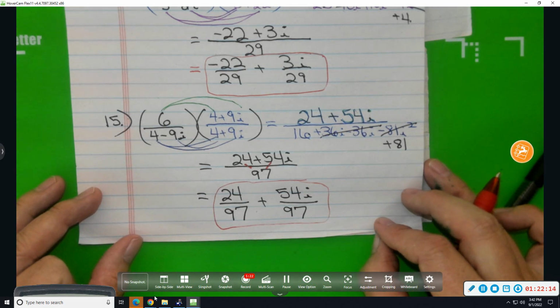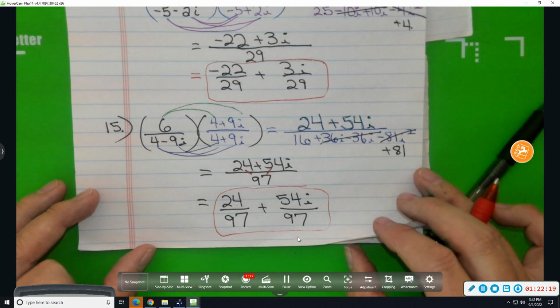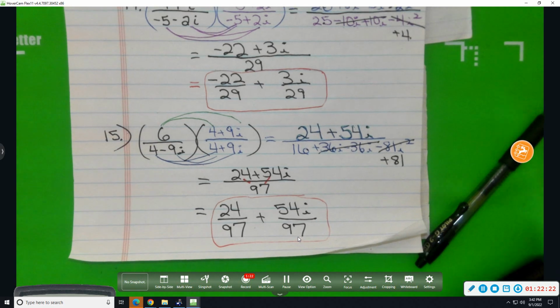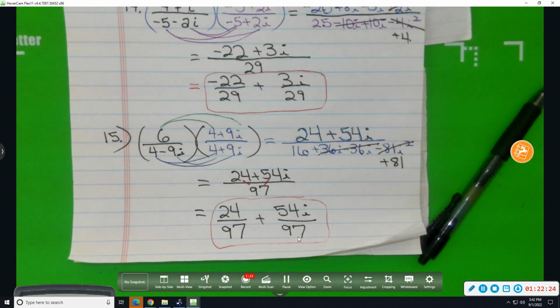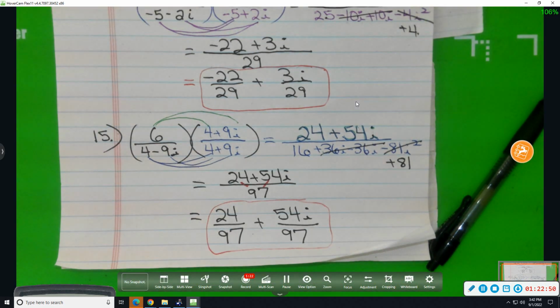Any questions there? No, go back over it. I think I'm misunderstanding. I didn't hear your question. Say it again. 4 plus 9i over 4 plus 9i, could you reduce that to 1? But if we do, then we just go back to this form here. And the goal is to get rid of the i from the bottom. But you're bringing up a good point.